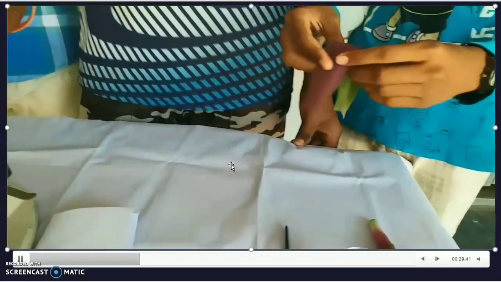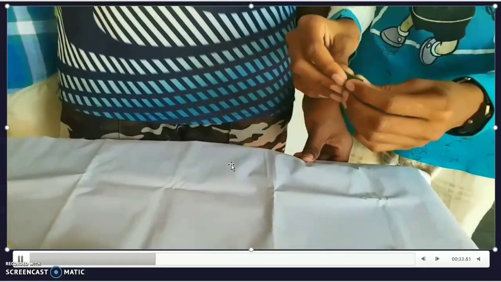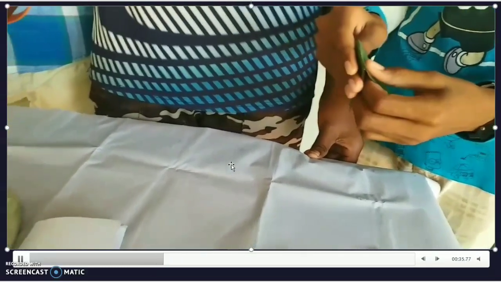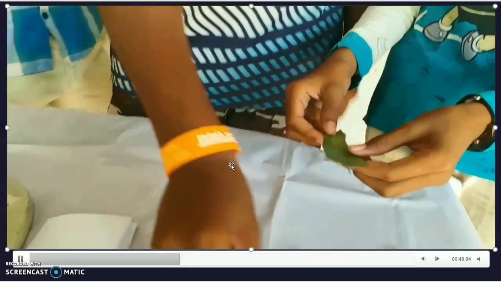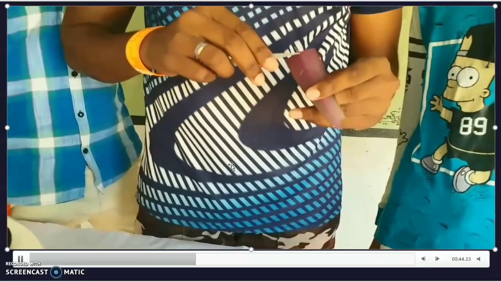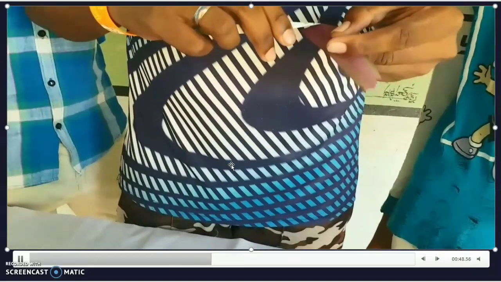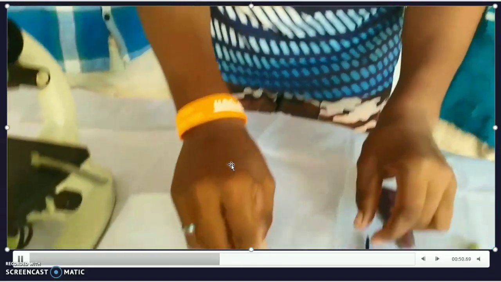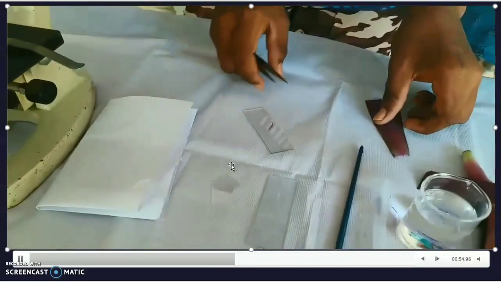First what we have to do is tear the leaf carefully. Take off the thin peel of that leaf with the help of forceps. He is taking the peel from the lower surface of the Rhoeo leaf and he is placing it on the slide.